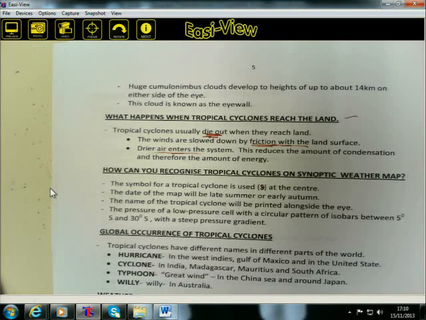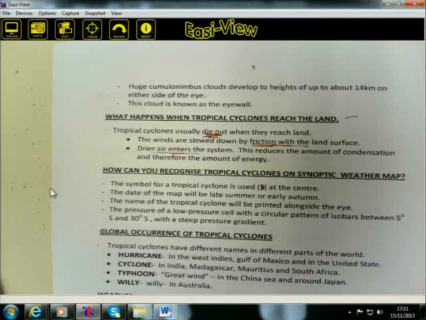When the dry air enters the system, it reduces the amount of condensation, and therefore the amount of energy also will be reduced. What will happen when the condensation is reduced and when the energy is also reduced? What will happen? The tropical cyclone is going to die.